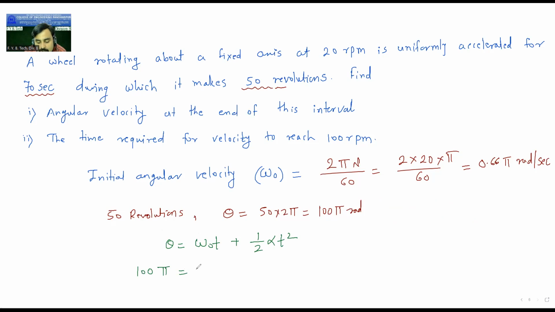Omega 0, what is the velocity? 0.66 pi into t. How many seconds was it? 70 seconds. Plus 1 by 2 into alpha. We don't know the value of alpha, into t square. What is the value of t? It is 70 seconds, so 70 square. After solving this, you will get the value of alpha.